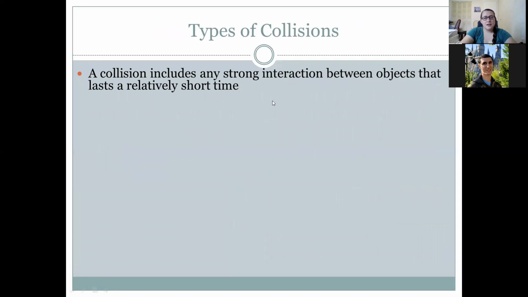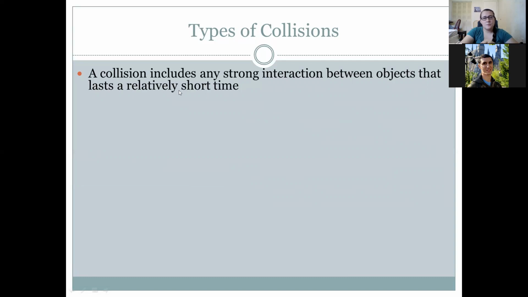So when we're thinking about collisions now, the last example was a recoil, so that was different than a collision. Remember, collision is when things are hitting each other, recoil is when things are separating from each other. So shifting our focus now to collisions, things hitting each other. A collision includes any strong interaction between objects that lasts a relatively short time.